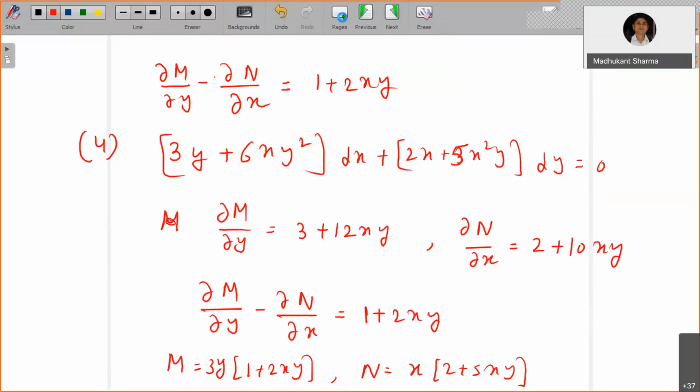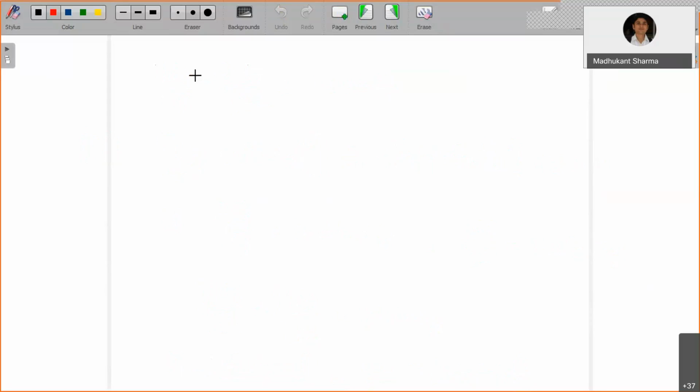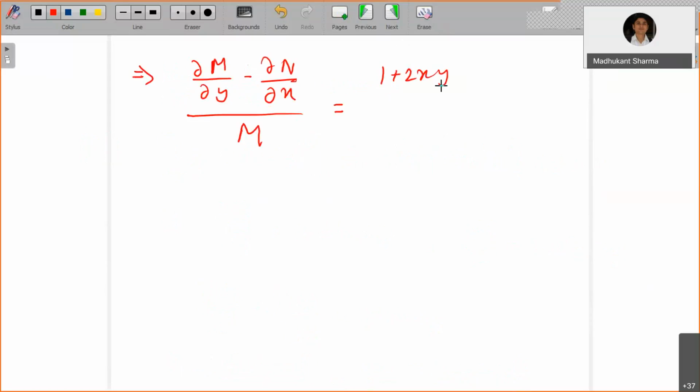So (∂M/∂y minus ∂N/∂x) divided by M is equal to (1 plus 2xy) divided by 3y times (1 plus 2xy). This gets cancelled, leaving 1 upon 3y, which is a function of y only. So this also falls into the second case, function of y only.